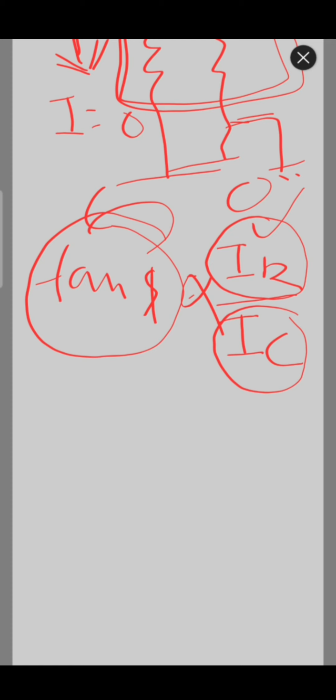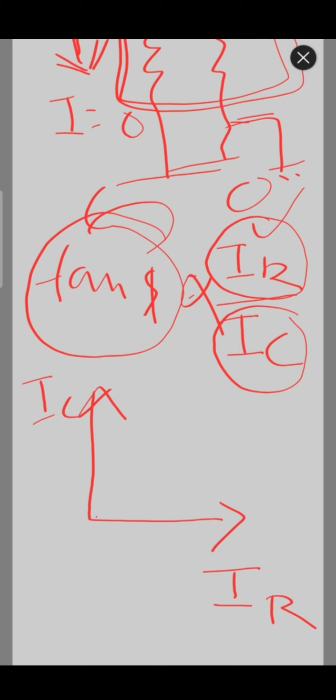If we see the graph, this is IC, this is IR the resistive component, and this is the tan delta current, IT. This theta is the tan delta angle.